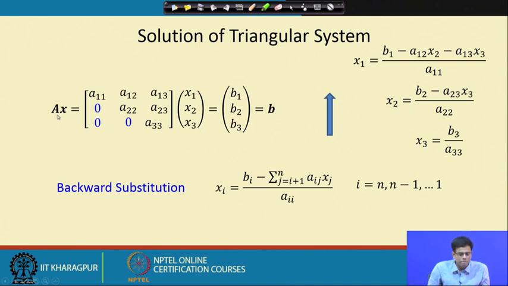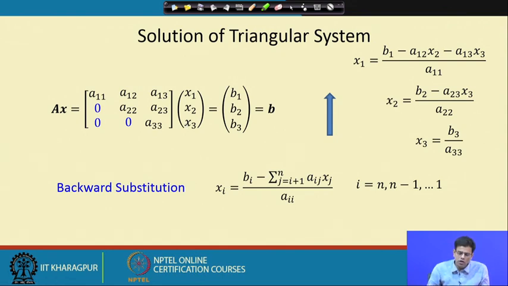If you look carefully, x3 is directly obtainable by just dividing by a33. Once we know x3, we substitute it into the second equation and directly find x2. Similarly, with x3 and x2, we find x1 from the first equation. So first we compute x3, then x2 and x1.